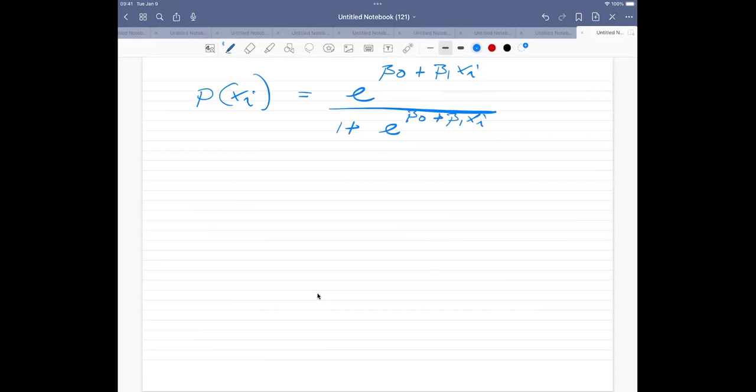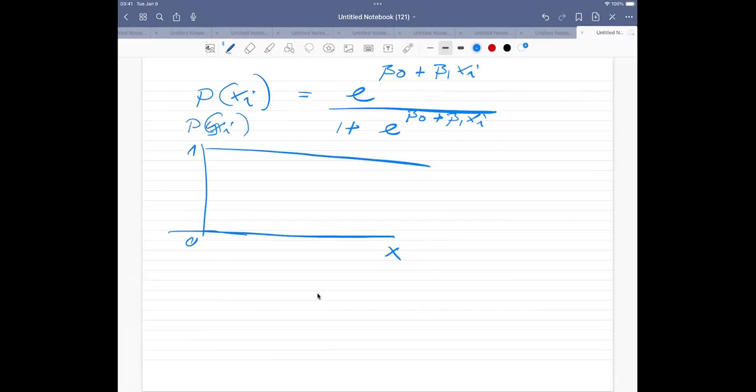If you plot it between 0 and 1, we have some x values here, and pay attention that the x's can also be negative. So this would typically continue, but if we assume that the x's are positive only, it would have a shape between 0 and 1 here. This is actually the probability, P of x of i. It would have a shape like this. So this is normally called an S shape.